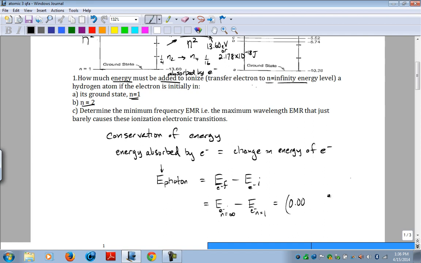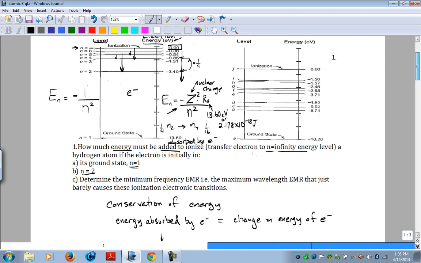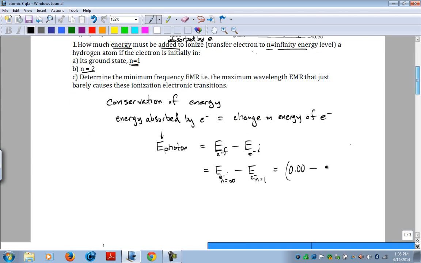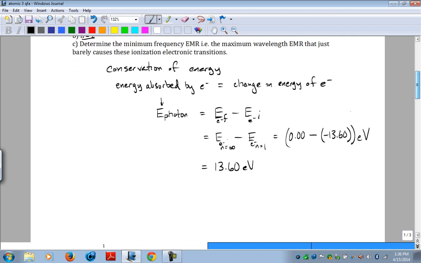I'll put the units at the end in electron volts, and from that we subtract level 1, negative 13.6, much lower in electrostatic potential energy, much closer to the nucleus. So the photon that was absorbed had 13.60 electron volts of energy.